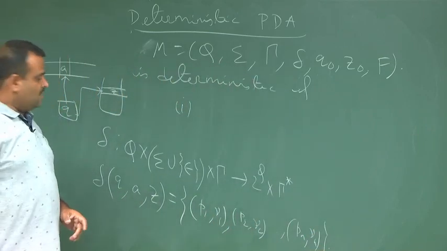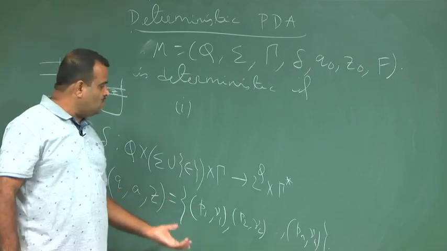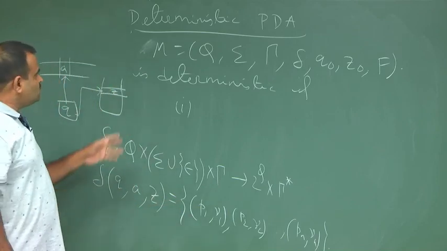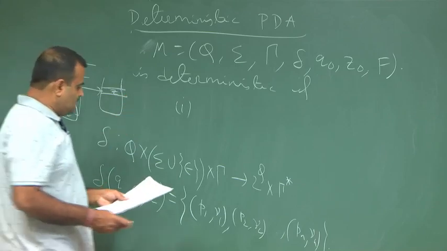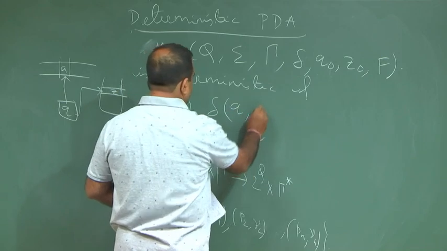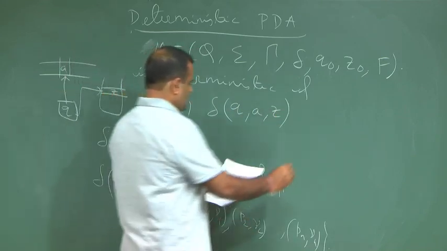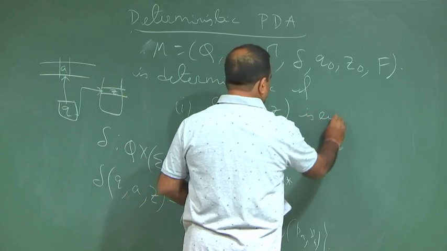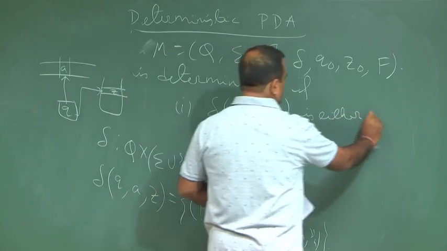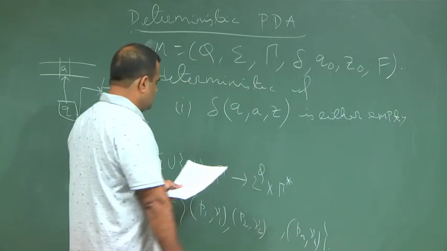Okay. But for deterministic, we do not have this, we have a deterministic move. Either delta of Q, A, Z is either empty or it is a singleton set.